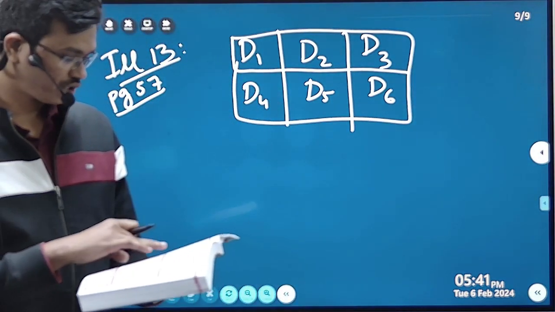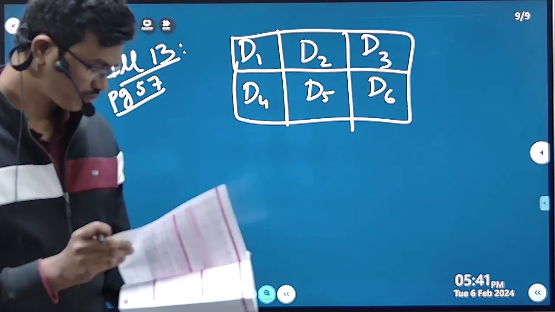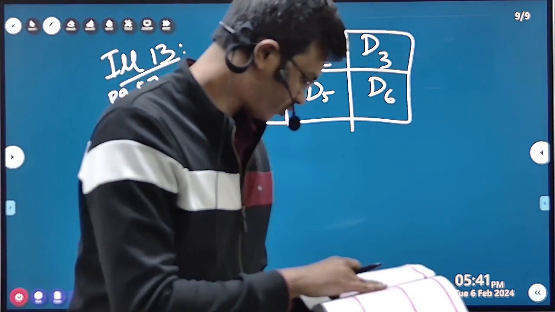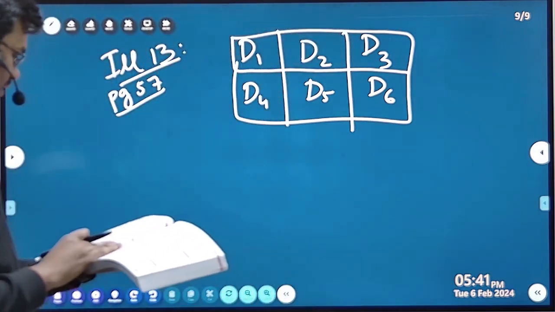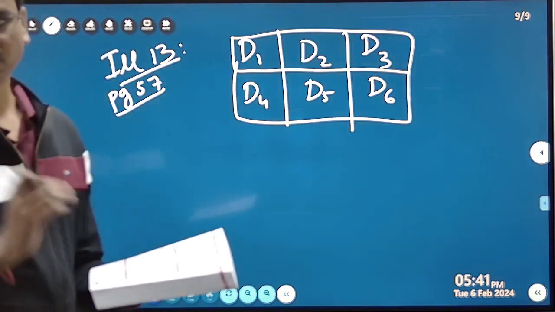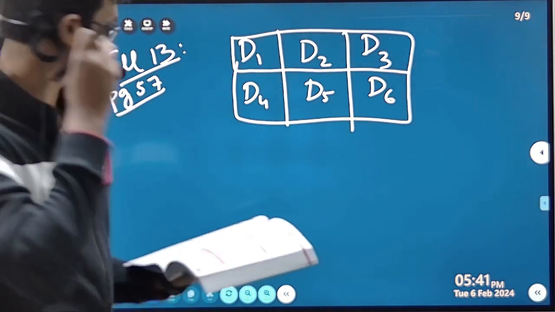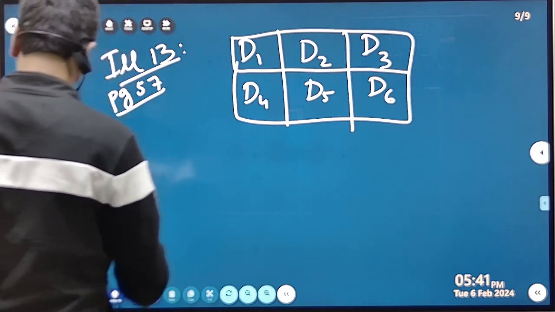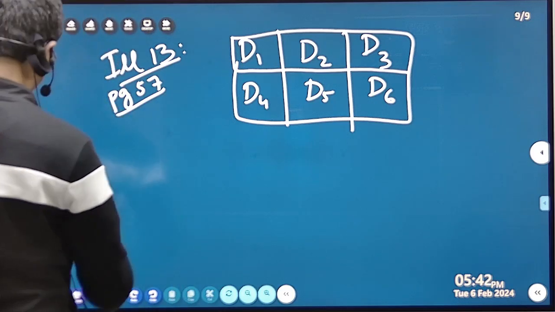So here, similar to the previous problem, we will maintain a table to determine the highest number of frequencies between the departments. Yeah.